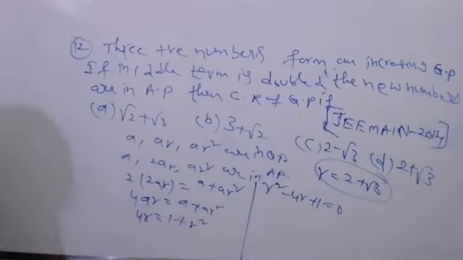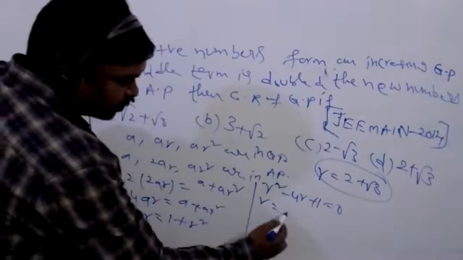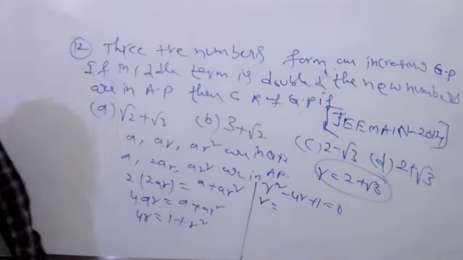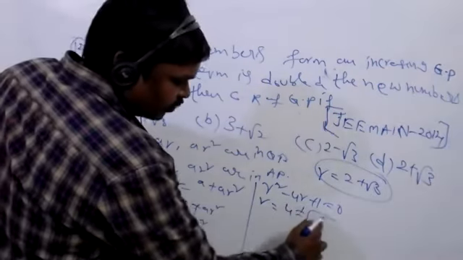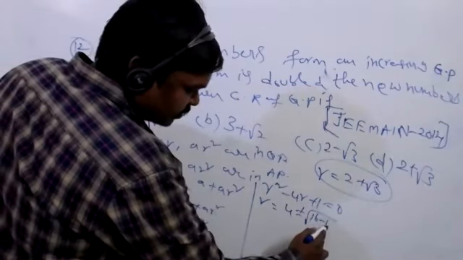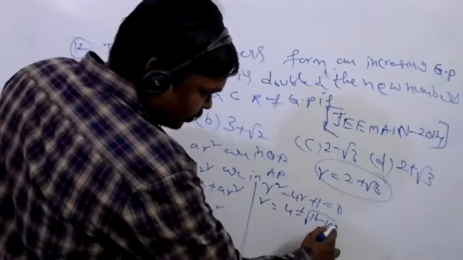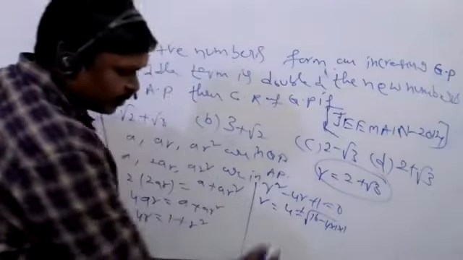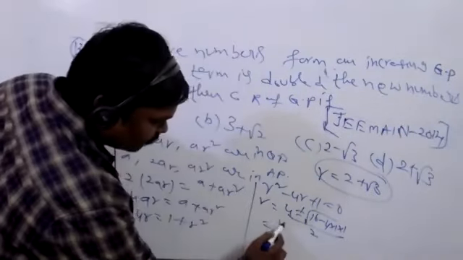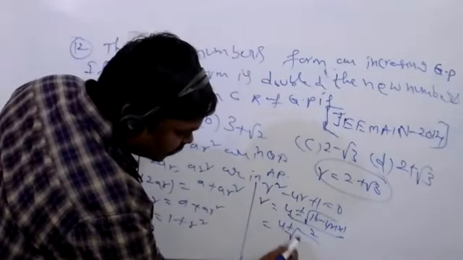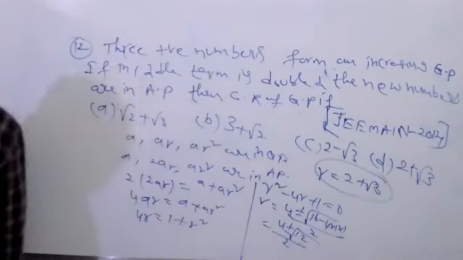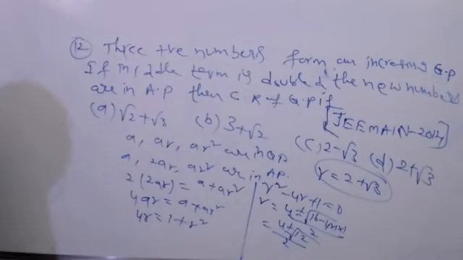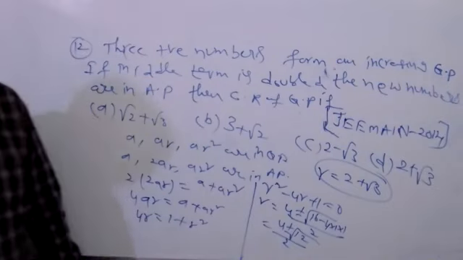Then by the quadratic formula, R is equal to 4 plus or minus under root 16 minus 4 into 1 into 1, upon 2. That is 4 plus or minus under root 12 upon 2. Right? 12 means 2 root 3.